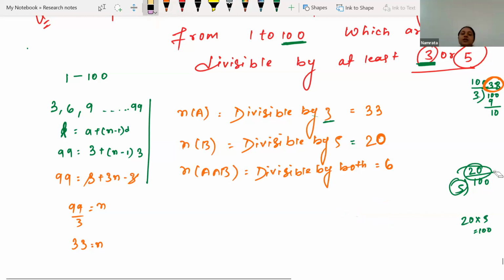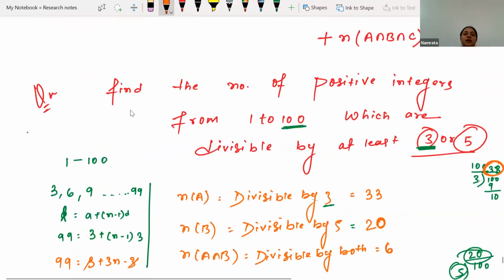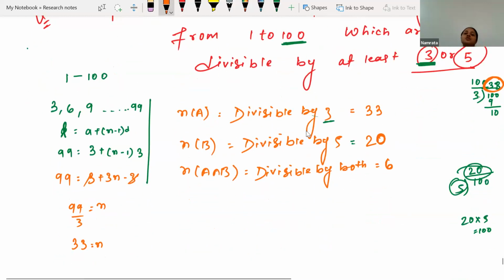So we have A, B, C, and A intersection B. What do we have to find? Find the number of possible integers from 1 to 100 which are divisible by at least this or this or both, right? So we have to find A union B over here. That is the meaning of at least one or two.